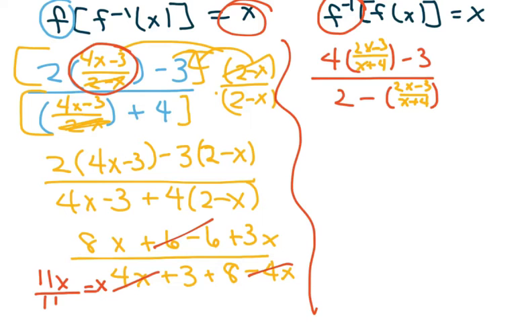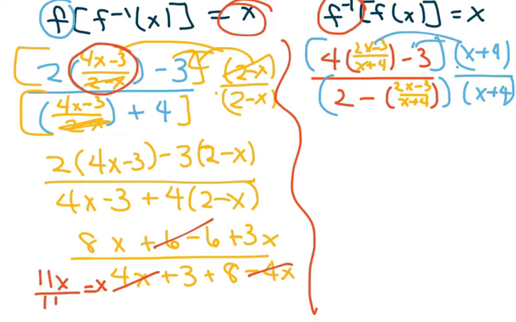Now I'm going to multiply the numerator and denominator by x plus 4 to clear the fractions, and distribute it to both pieces here.